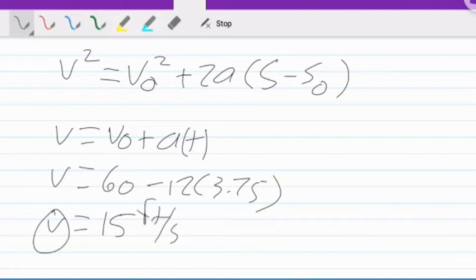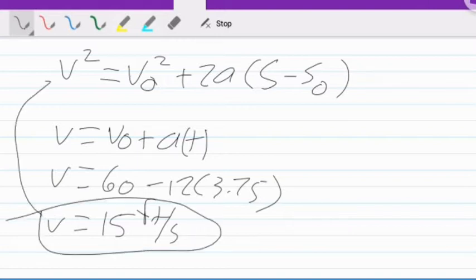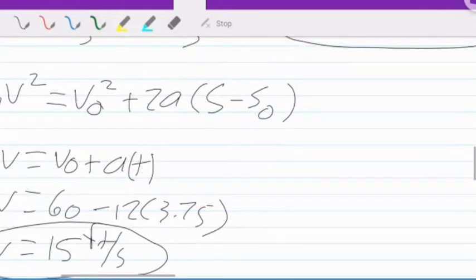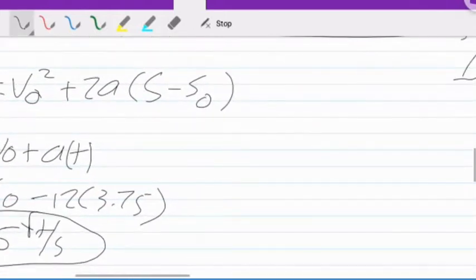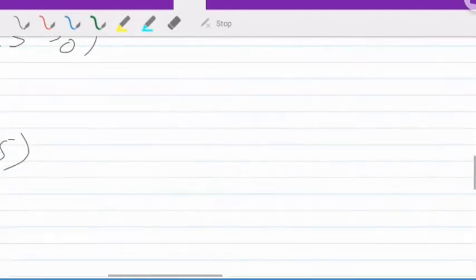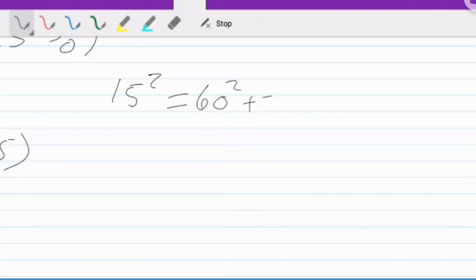So now this gets plugged into there. We're going to first do it with car B. He's the one that's ahead. So what we have is 15 squared is equal to 60 squared plus 2 times negative 12 times his overall displacement minus D, his initial displacement.